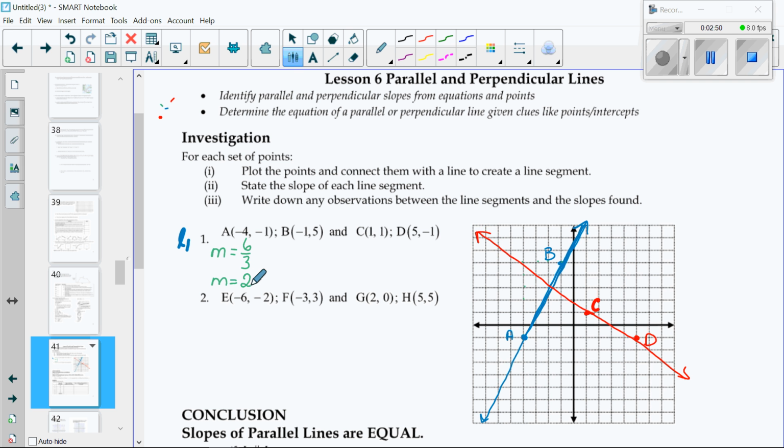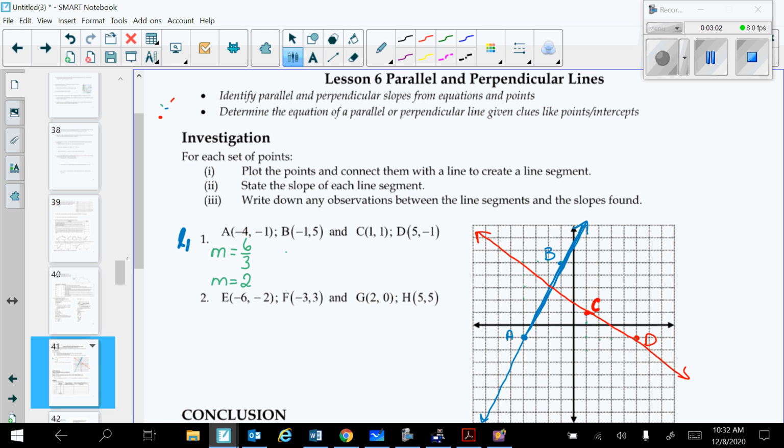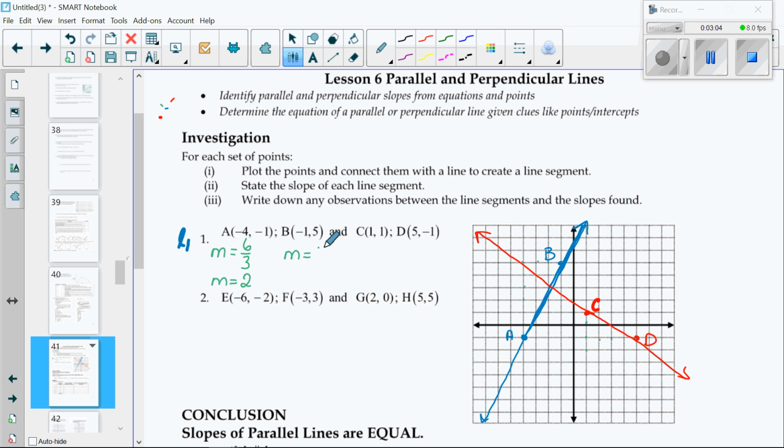All right, CD, so now I'm going to go down 1, 2, and over 1, 2, 3, 4. So it's -2 over 4. It's a negative slope, which gives me a slope of -1 over 2.